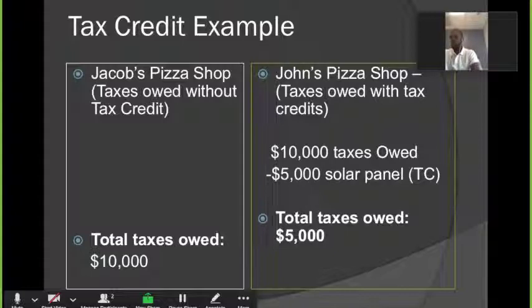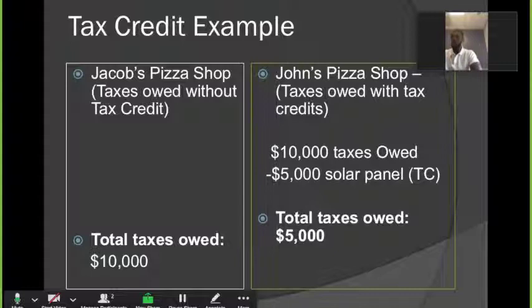In this example, both owed originally $10,000, but let's say that the local government is giving a tax credit for any businesses that install solar panels in order to improve energy efficiency. And let's just say that the tax credit that they give John's Pizza Shop as the owner of the business is $5,000. So as a result, when John's Pizza Shop has to pay their taxes, instead of paying that $10,000, they will pay the $5,000.